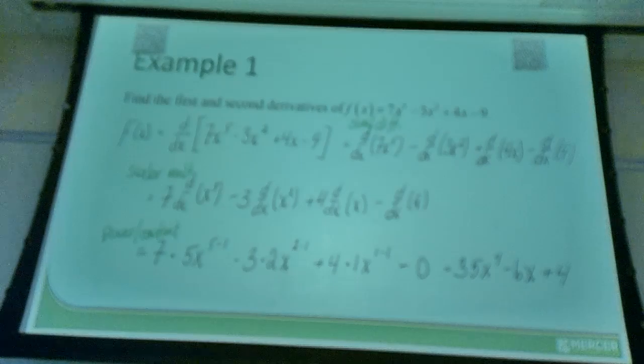Oh, that's only the first derivative. They also wanted the second derivative, which remember is the derivative of the derivative. 35x to the 4th minus 6x plus 4.